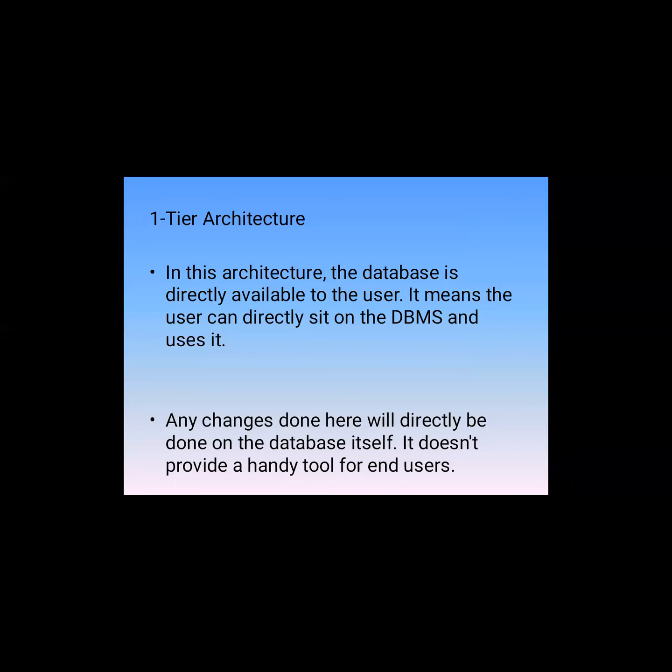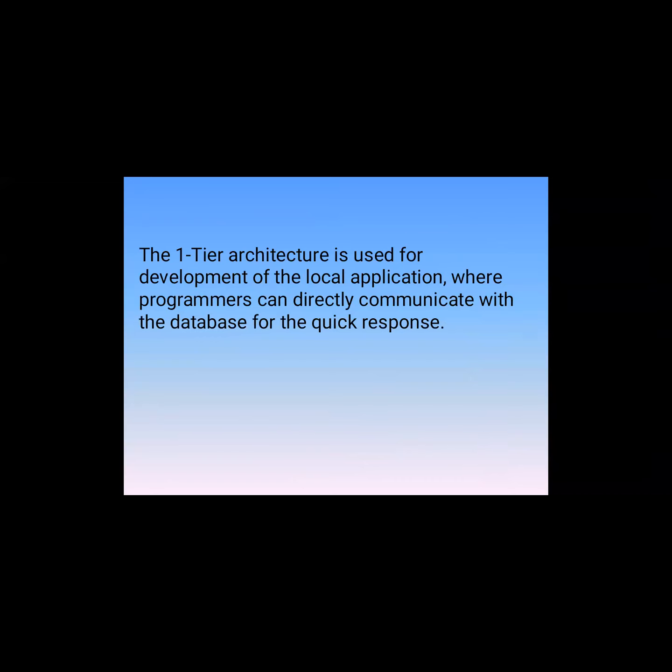Another thing is that any changes done here will be done directly on the database itself. It doesn't provide a handy tool for end users. We are not providing any tool, simply accessing the database directly to solve the problem, so that means maintaining only one level. That's why it is referred to as a one-tier architecture.